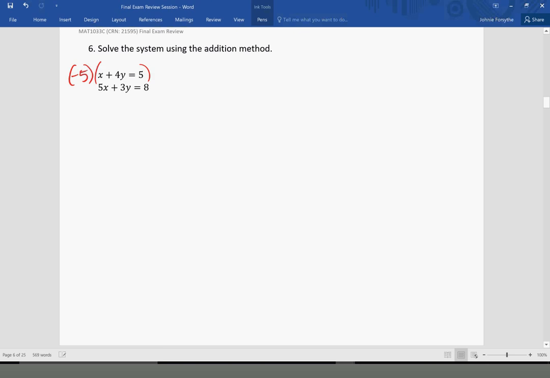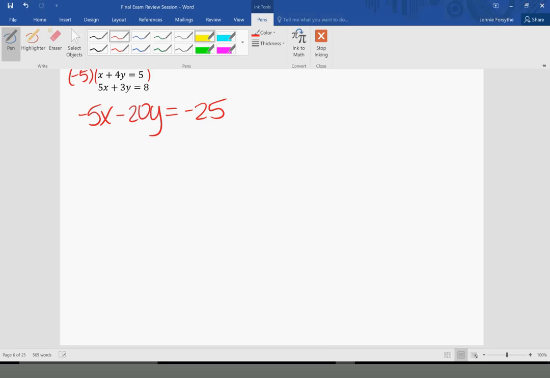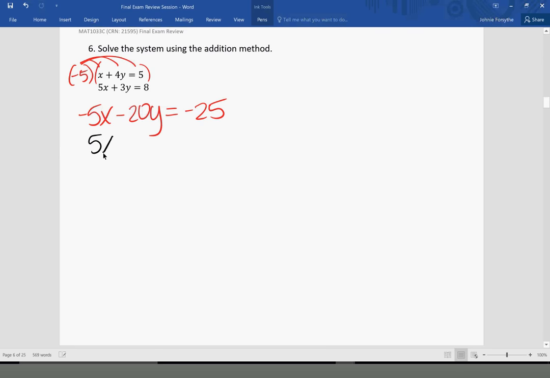If I distribute that -5 with this first equation, I'm going to have -5x. -5 times 4y is -20y. Then -5 times 5 is -25. I'm just going to rewrite the second equation so it's the same size.